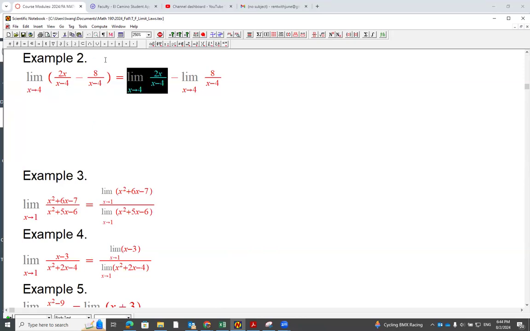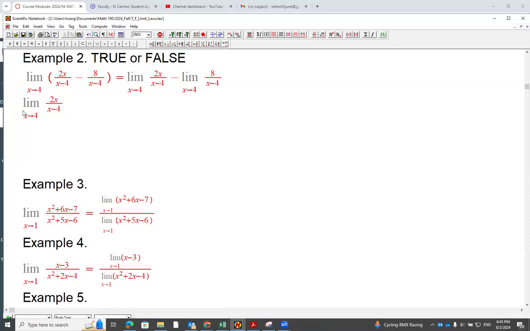So you would check to see, does this limit exist? In order to decide whether this is true or false, you would ask the question, do both limits, this piece and the other piece, exist?